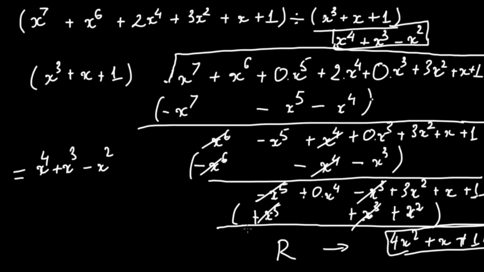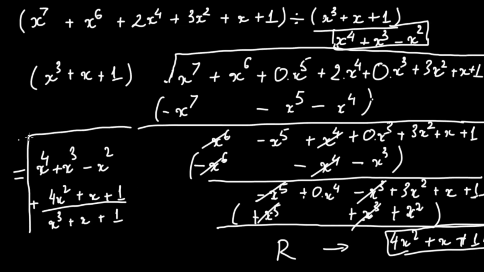Then, because the remainder is not 0 in this case, we need to include the remainder: plus 4x squared plus x plus 1, and the whole remainder you divide by the divisor right here, x to the third plus x plus 1. And the whole thing like this is the answer for this question.